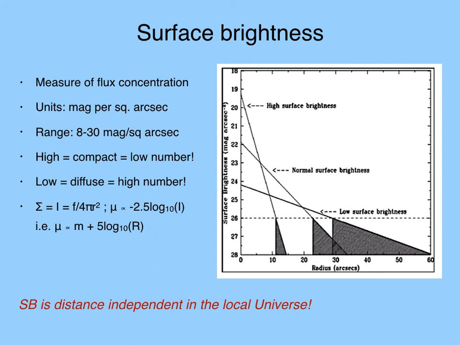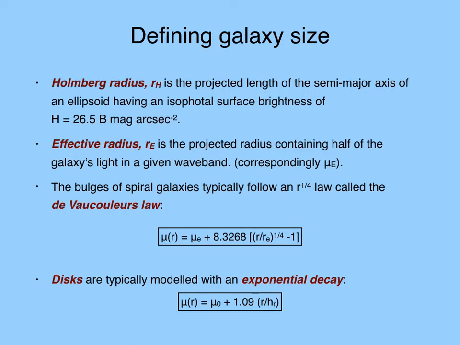Surface brightness can be calculated by knowing the apparent magnitude as well as the radius for that galaxy.